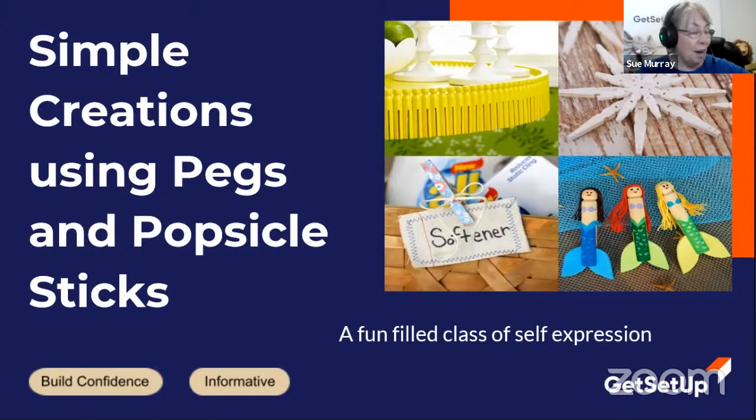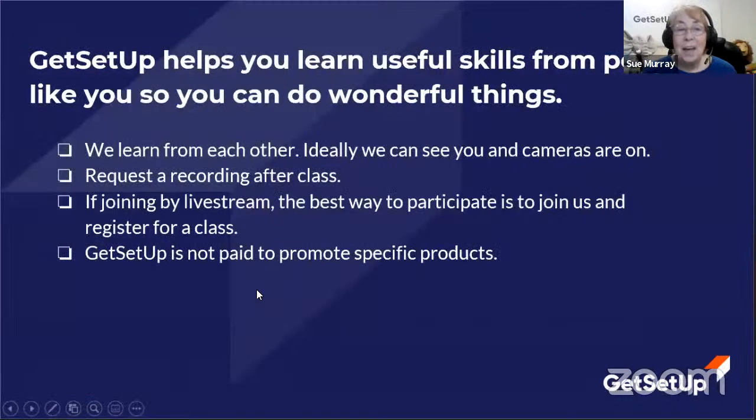People are a bit worried as to what on earth I'm going to be building with. We're using your popsicle sticks, sucker sticks and pegs, and you can get all of these things from your dollar shop. You can get multicolor ones and all different designs and shapes, so it's really nice that you can put them together.